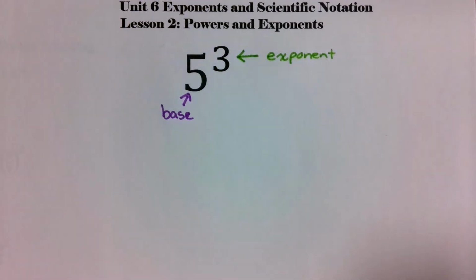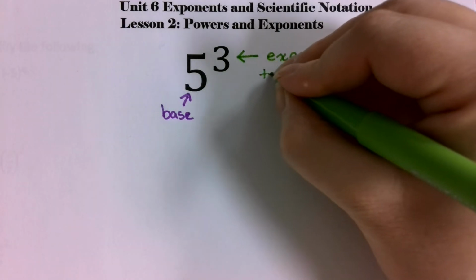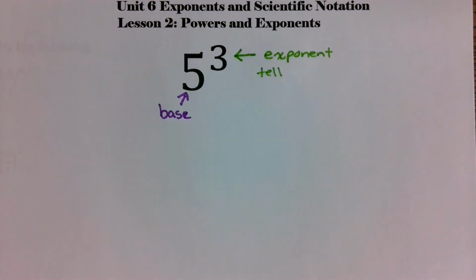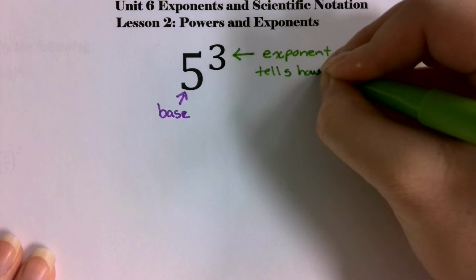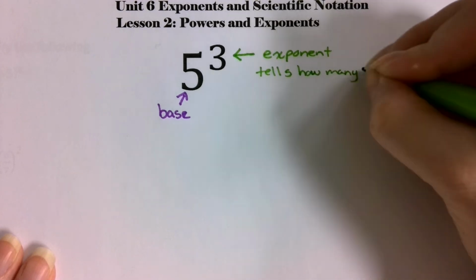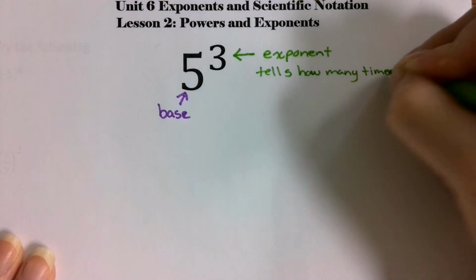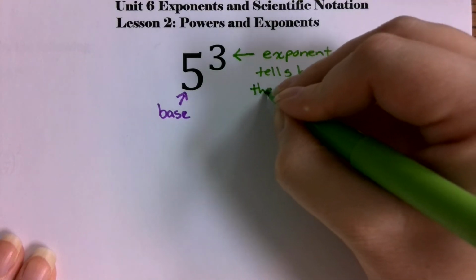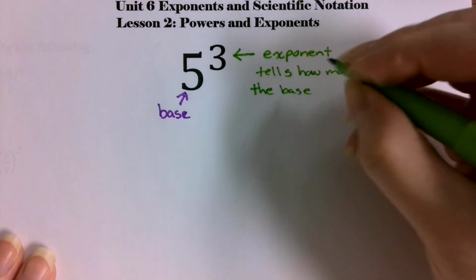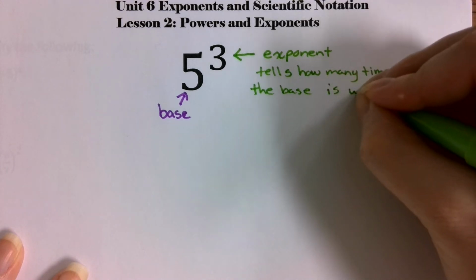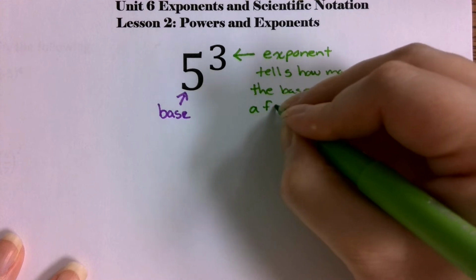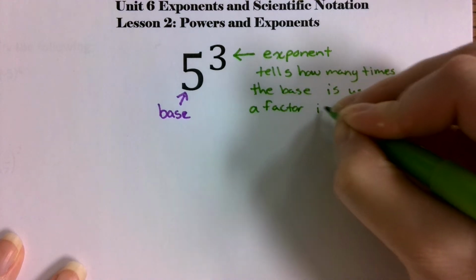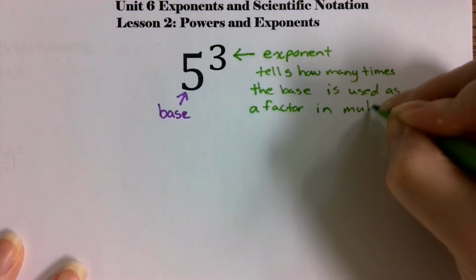Okay, and like the video said, that exponent is going to tell us how often we repeat the base in a multiplication problem. So it tells how many times the base is used as a factor in multiplication.